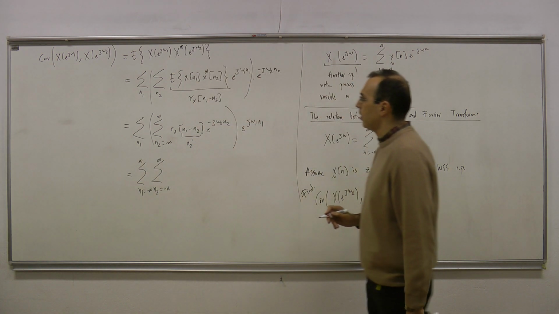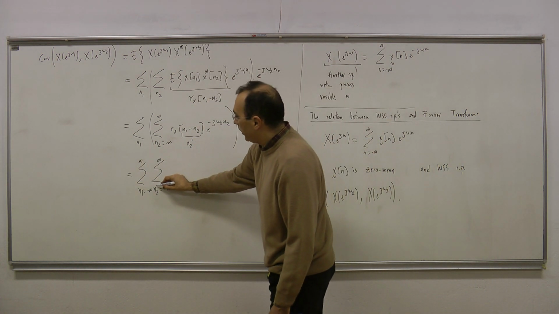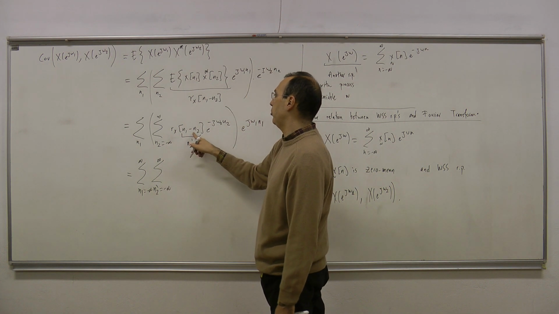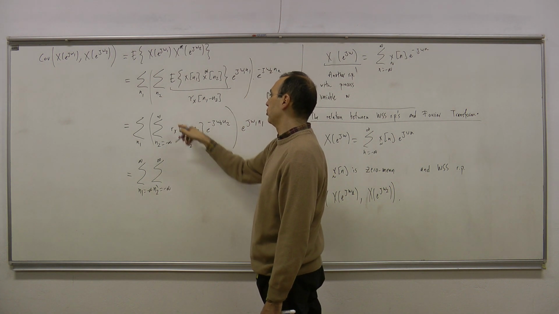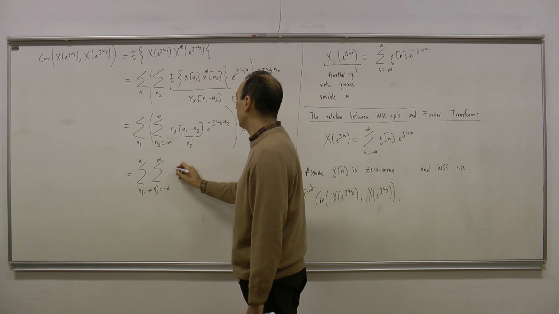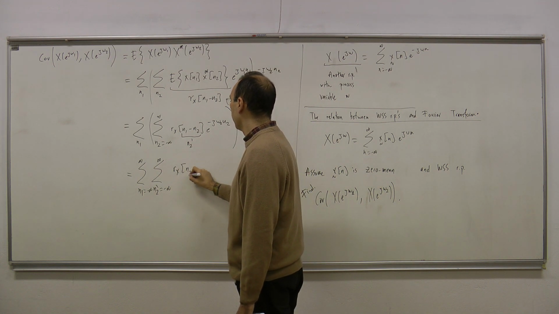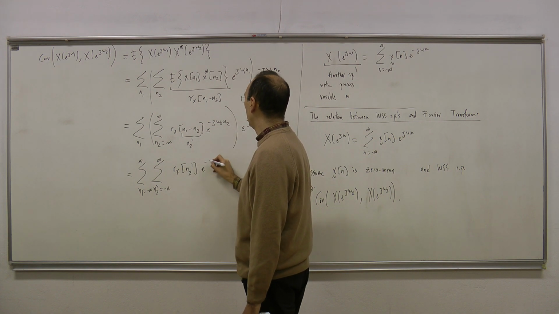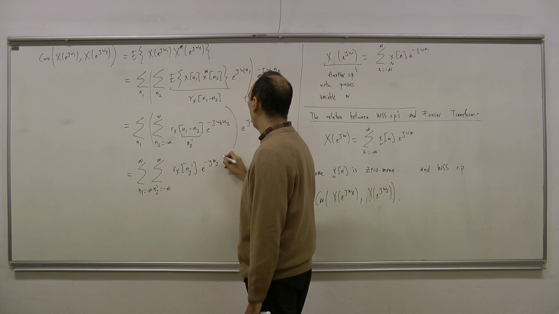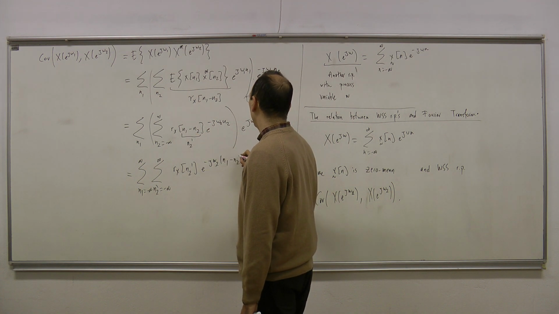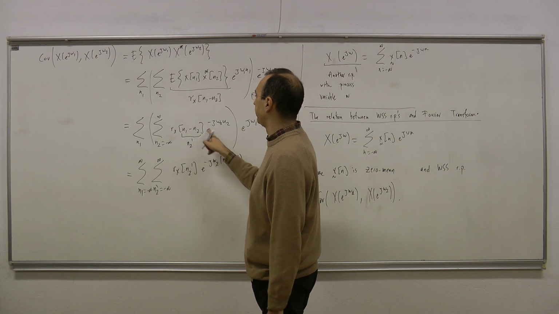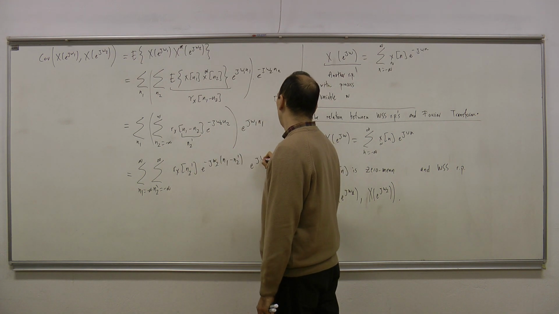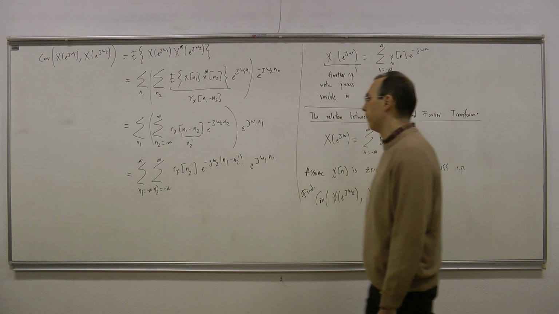So n2 prime is also minus infinity to infinity because you can check when n2 is this, n1 is fixed. So this is again minus infinity to infinity. So this is Rx n2 prime e to the, now instead of n2, minus j omega 2, n2 is equal to n1 minus n2 prime. E to the j omega 1 n1.